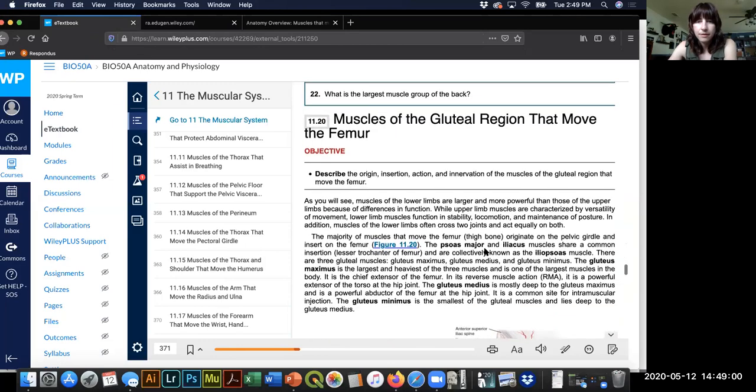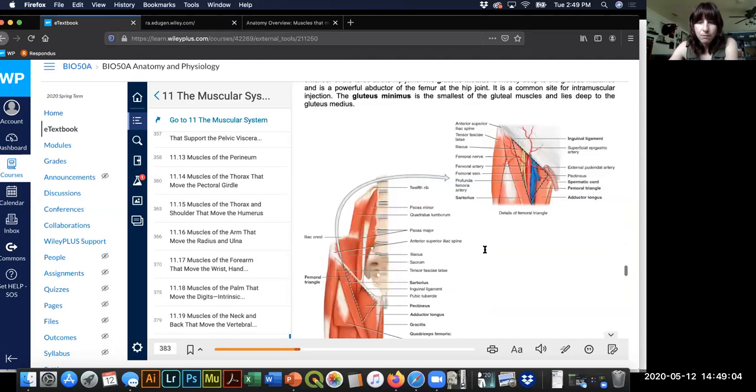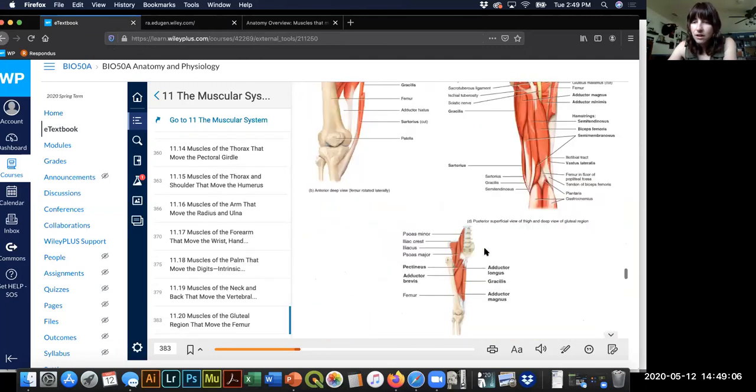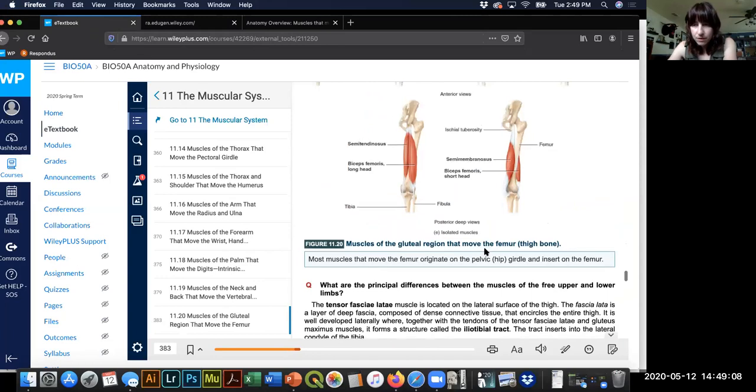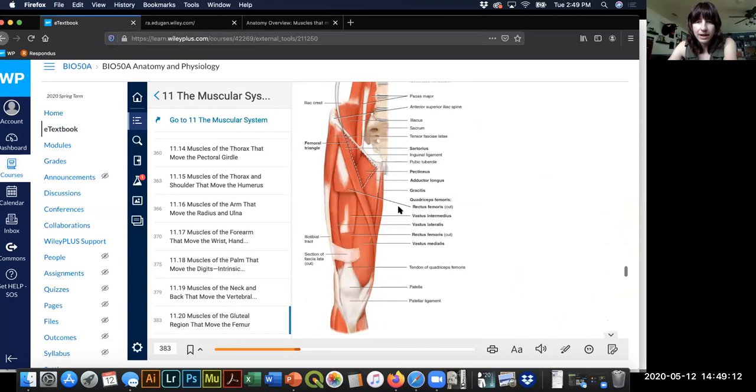Okay, all right, so I'm looking at figure 11.20. This guy right here, pretty cool.